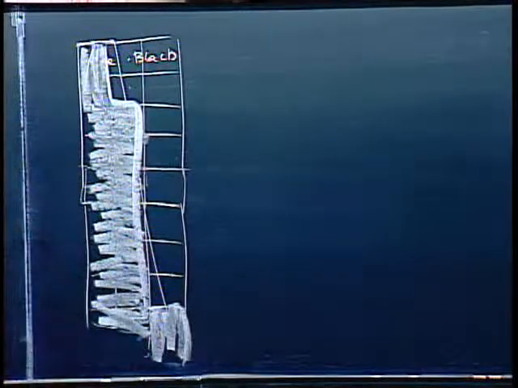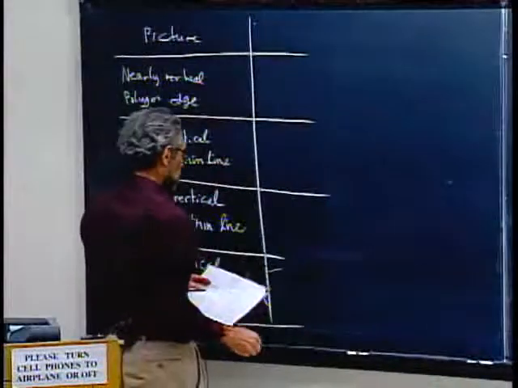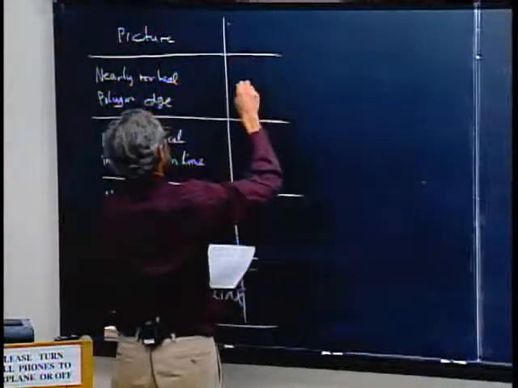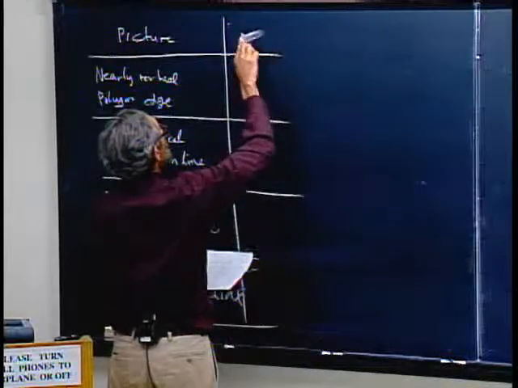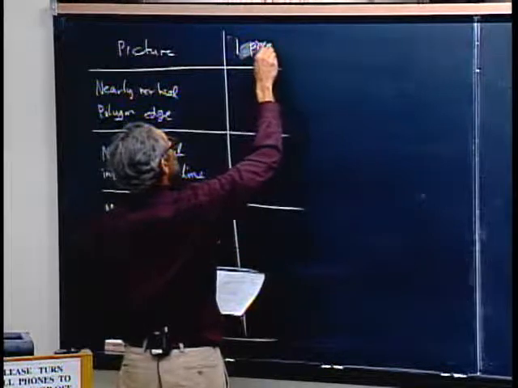So suppose, let me write this, the result. So I have a jagged edge. So this is one pixel center sample.